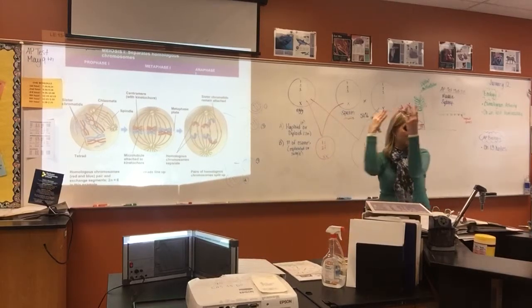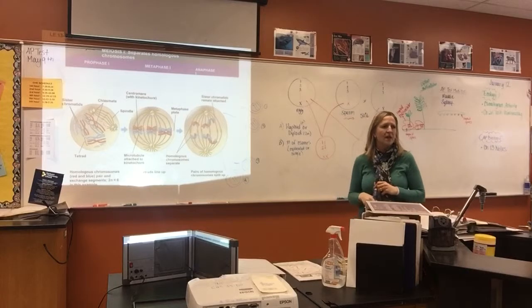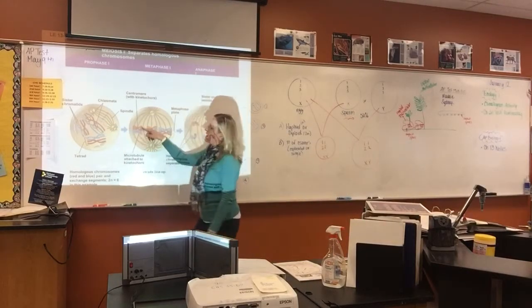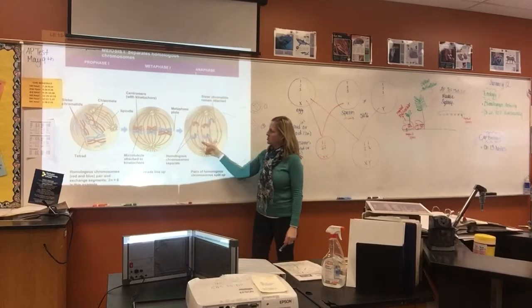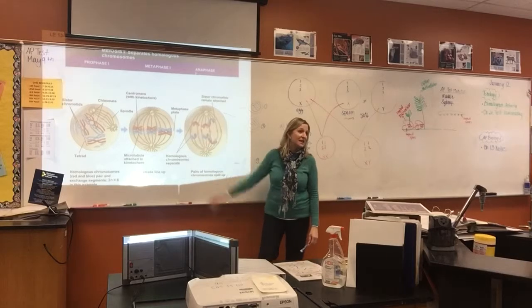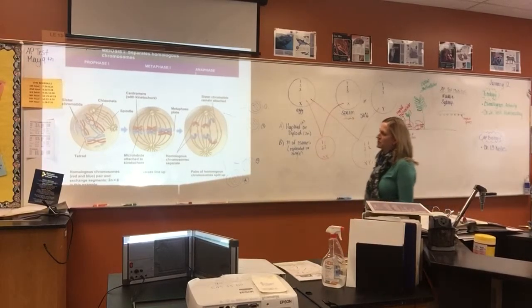That's the purpose of illustrating them. But absolutely, you have one from mom, one from dad. If they were all the same color, when crossing over occurred, you wouldn't be able to necessarily tell that this has a new piece of DNA on it. So having the red part of the arm helps you to do that.